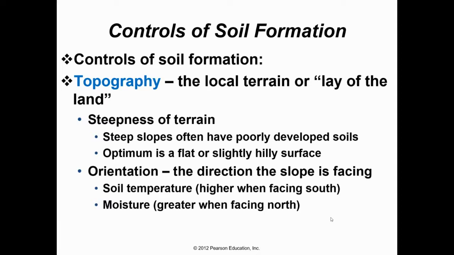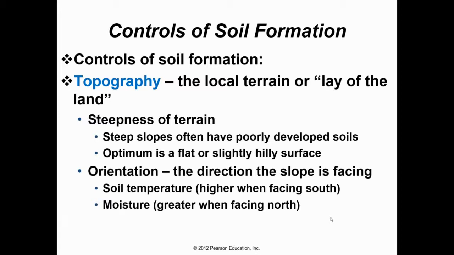And that's because soils are not very well adept to develop on very steep slopes, because they just have a tendency to not be able to hold on very well. Okay, so that's why you don't see soils in very steep mountain environments a lot. So optimum is flat or hilly. Okay, I think Midwest.